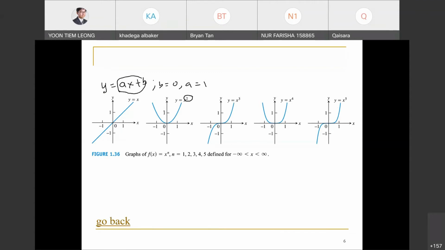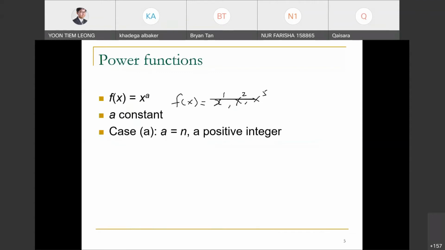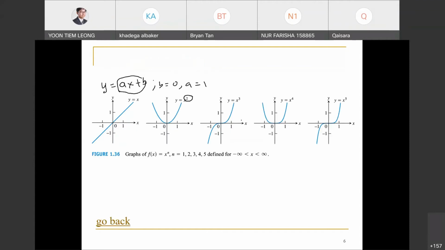When a is odd, the graph is like this, and if it's even, it looks like this. The range of these power functions is from negative infinity to positive infinity, and the domain is also from negative infinity to infinity.